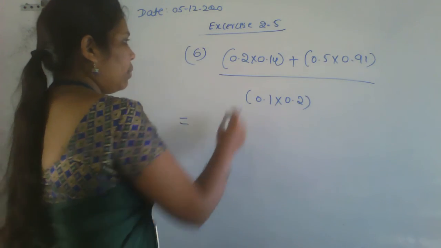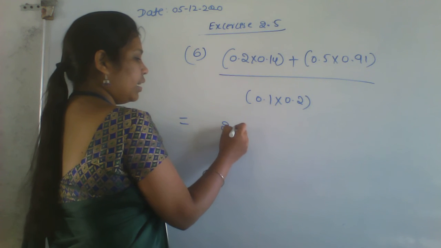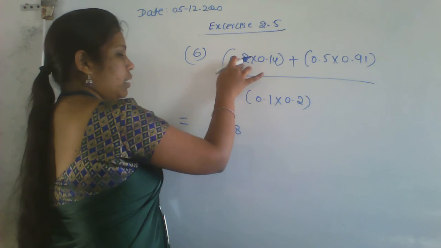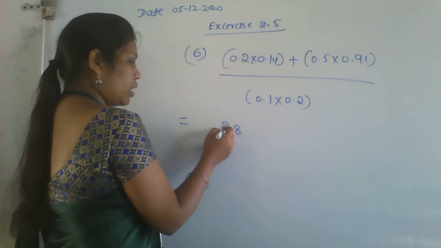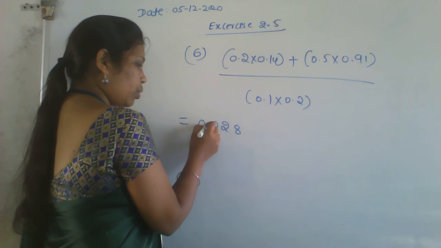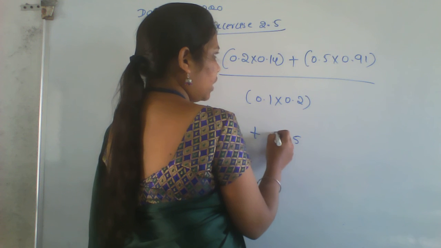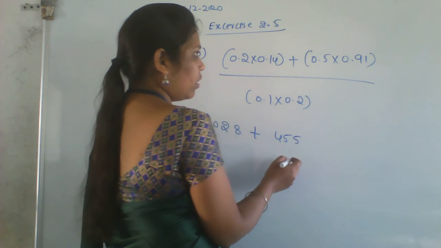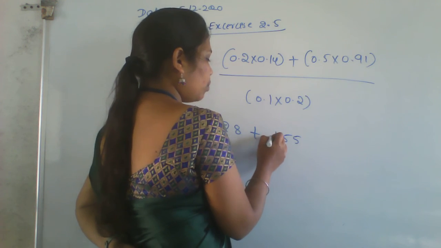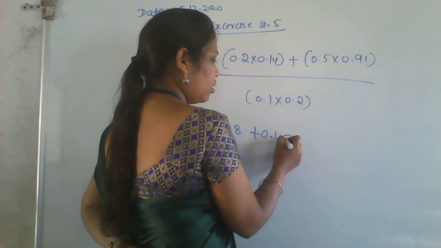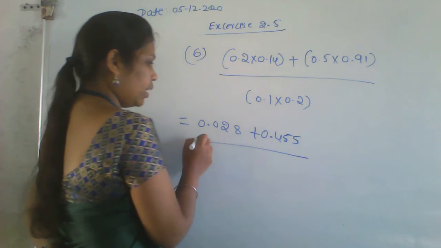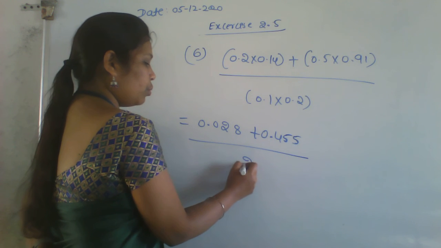Okay, multiply 14 to the 28. Here 2 numbers, here 1 number, 3 numbers, 1 2 3. You have to put a point like this. Plus 5 and the 5 5 and the 55. Okay, after 3 numbers you have to put a decimal point. That is 0.455.